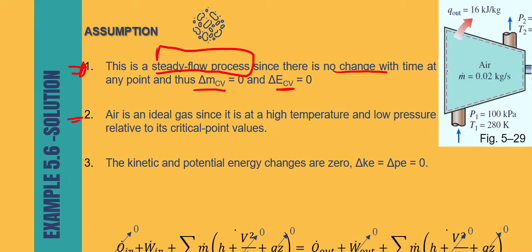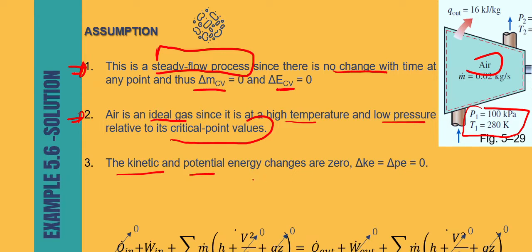Because it's air, you assume this is an ideal gas, because according to the operating parameters, P and T, it is at high temperature and low pressure relative to the critical point of the air. And given in the question, the kinetic and potential energy changes are zero. So these are the assumptions that you need to write in the question, right?